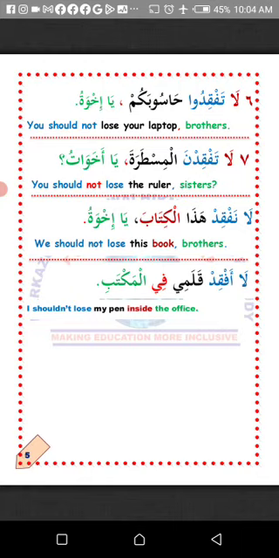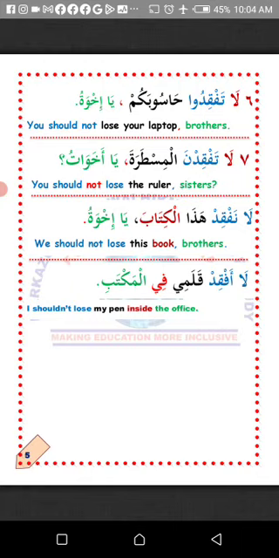Number 8. لا نفقد هذا الكتاب يا إخوة. We should not lose this book, يا إخوة, brothers.